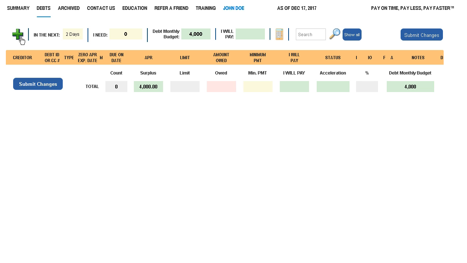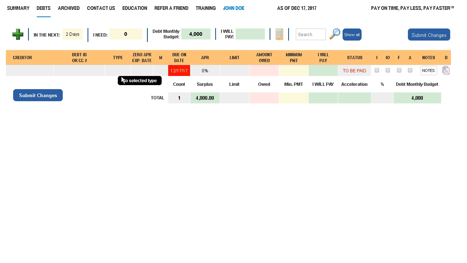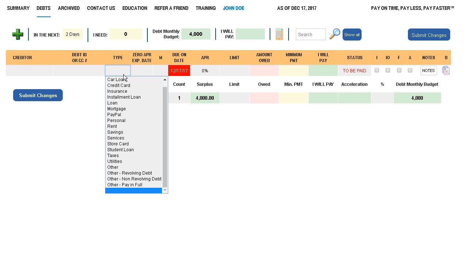It's very important that you pay attention to the correct type of debt. Types of debt react differently. For example, a car loan is different than a credit card or insurance or mortgage or PayPal. Some of them act similarly, like a store card is similar to a credit card and essentially pretty much the same.